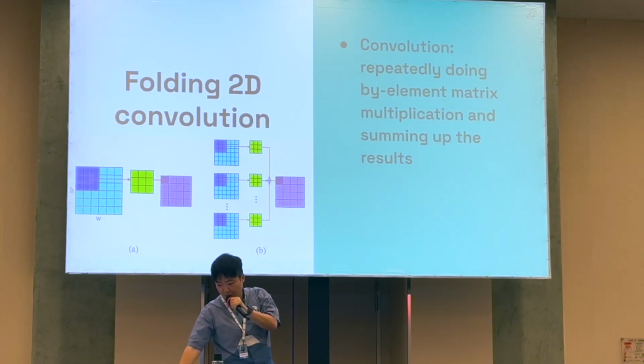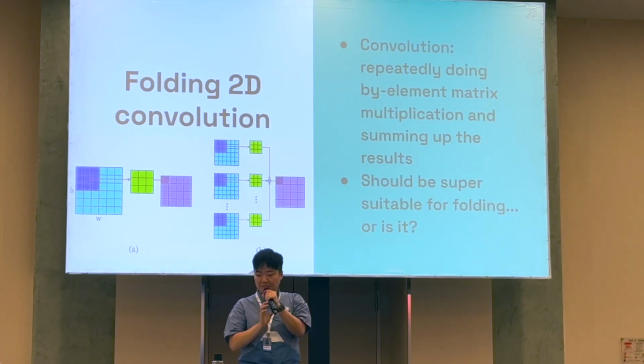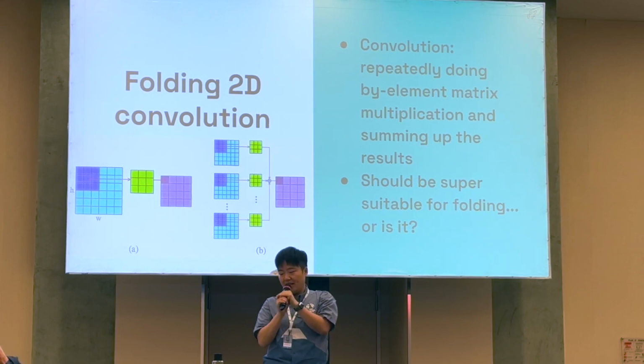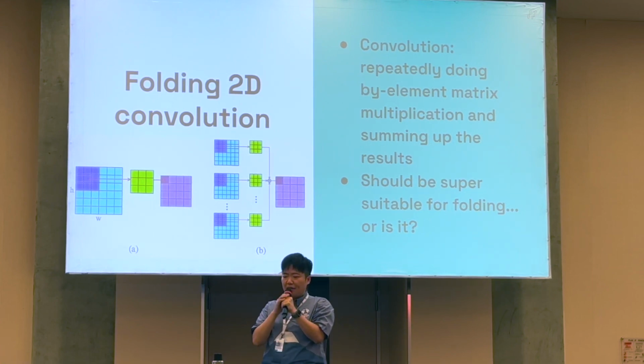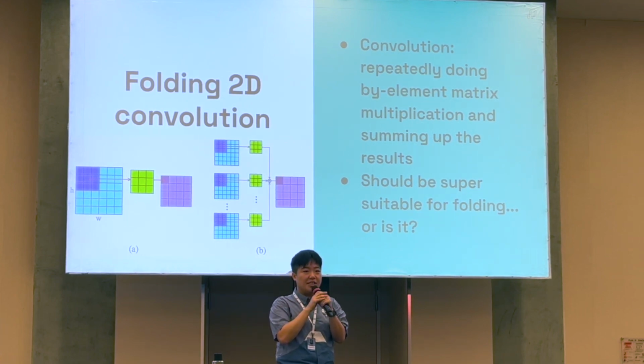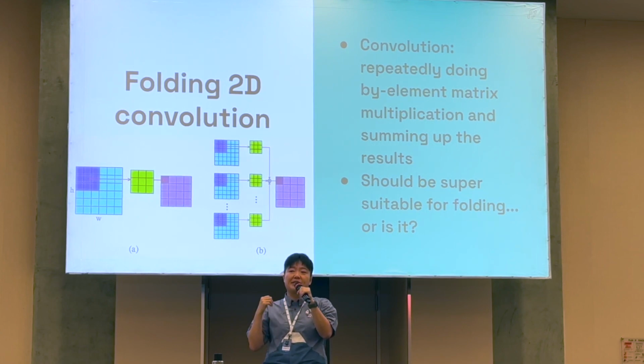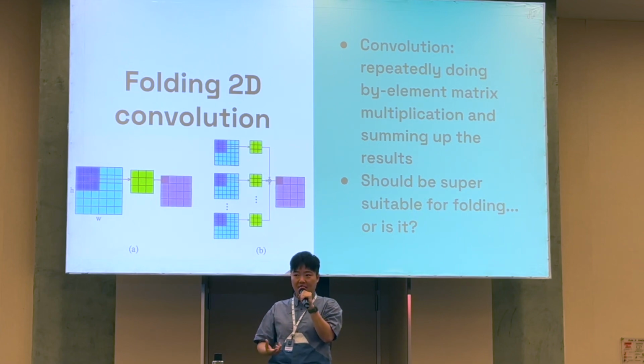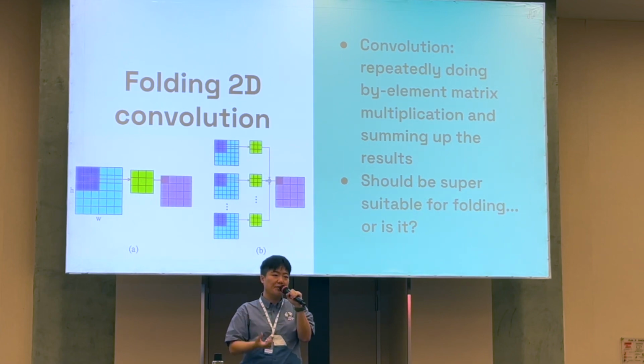So this is what convolution means, and whether it is suitable for folding. I don't have the benchmark results on these slides, because they're just numbers. But essentially, it's not as easy as we thought, for the same reason why it's not as easy for the batch inference as we thought. Again, it's a state management thing, right? If I do one matrix multiplication and I get one number, fine.